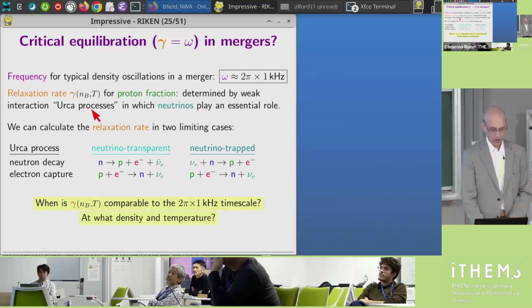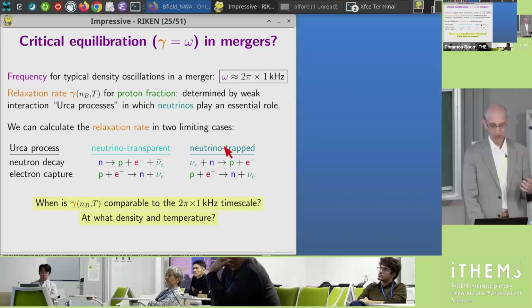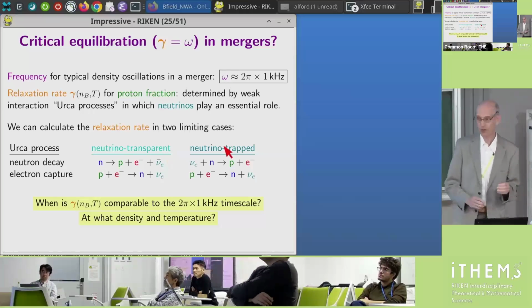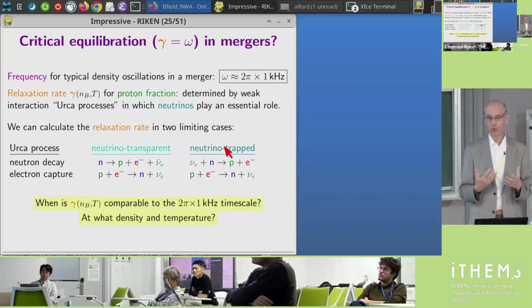There are two limiting cases where we can calculate the relaxation rate. It's a question of whether the neutrinos have a very long mean free path, and so they escape, and you can consider the material as being transparent to neutrinos, or in the other limit, the neutrinos have a very short mean free path, and they're trapped, and they form another equilibrated gas like the electrons, the protons and the neutrons.